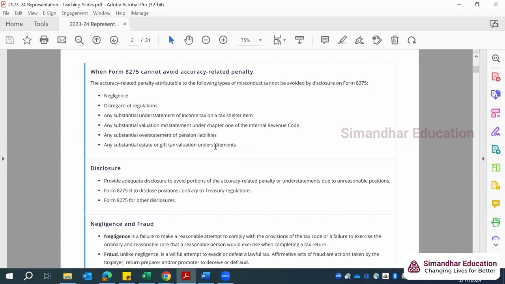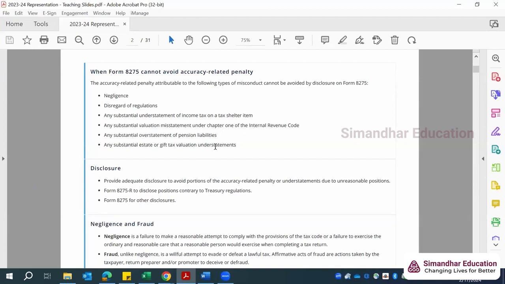Okay. Now, even if you are disclosing your position to the Internal Revenue Service, you can still be assessed an accuracy related penalty. Just because you're telling the IRS that you are taking a certain position, or you are informing them about your position, that does not save you from the penalty that can be associated with any misconduct.